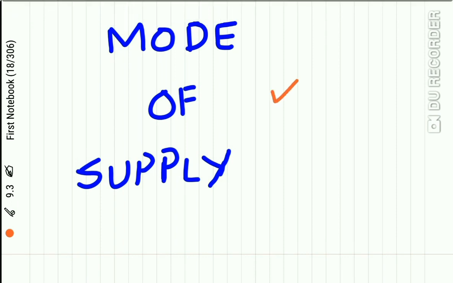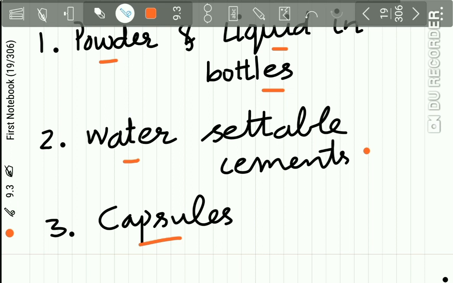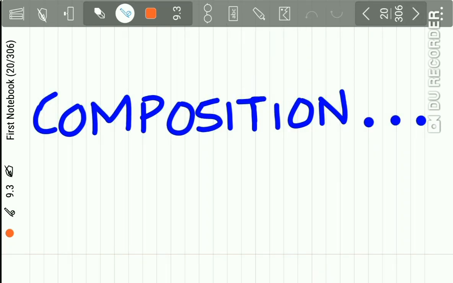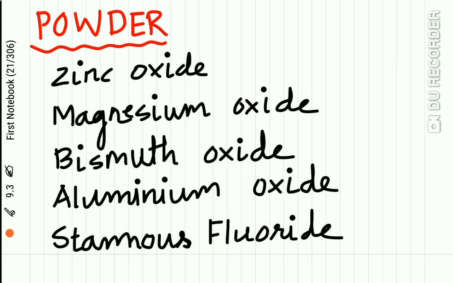Now the mode of supply, how it is supplied. It is supplied as powder and liquid in bottles, also supplied as water settable cements, and also in the form of pre-proportioned capsules. Now the composition of zinc polycarboxylate cement.